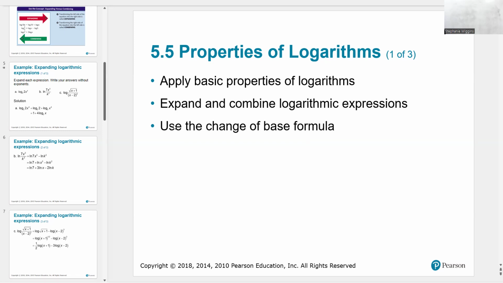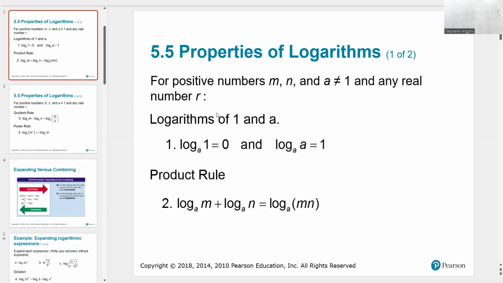All right, so if you consider the fact that logarithms are exponents, it makes sense that if you're looking for the exponent on your base A that will give you an output of 1, of course, that exponent would be 0, because any number to the power of 0 is always 1.